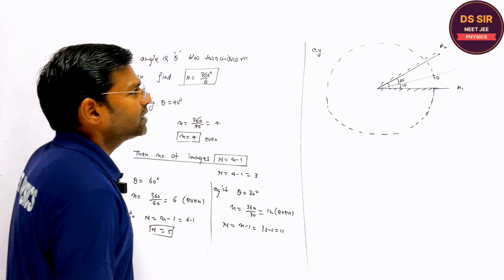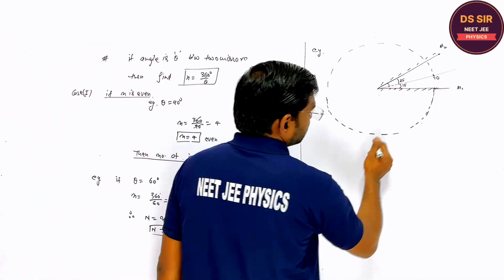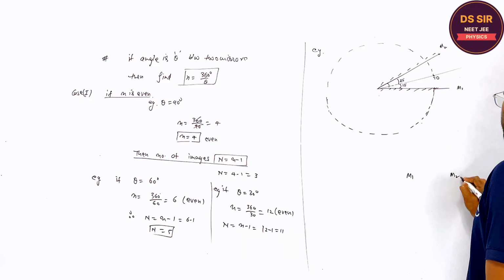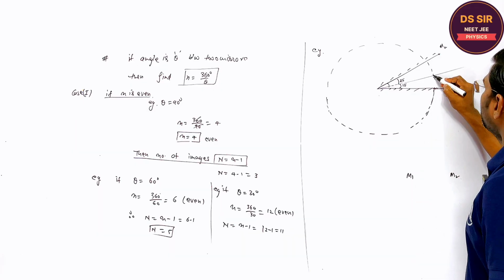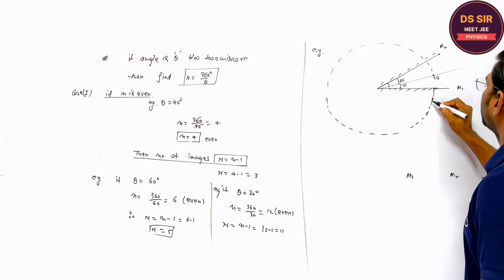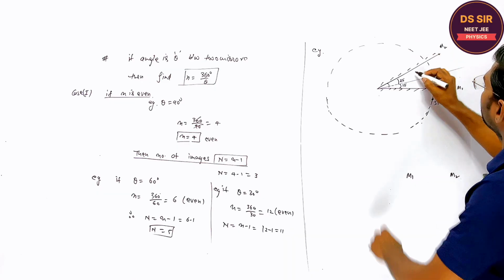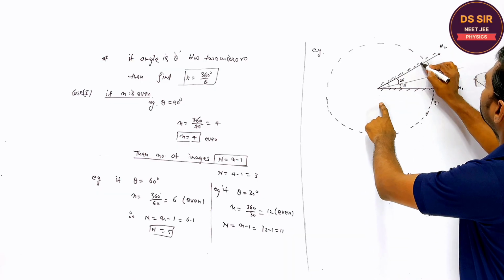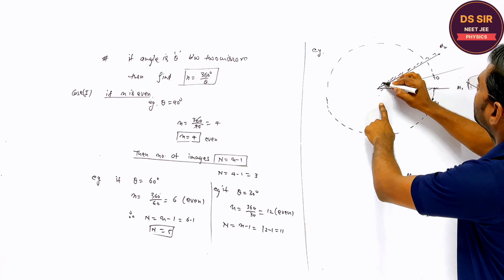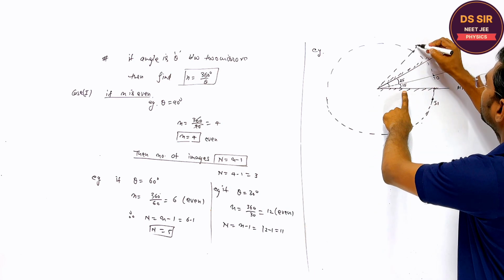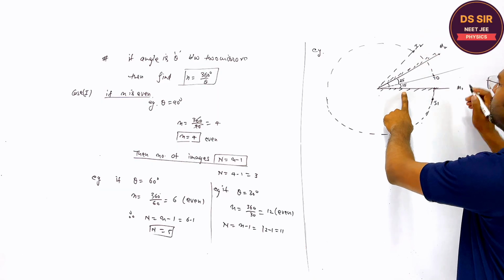And how are the images formed, you tell? If this is 10 degree, this is M1, this is M2. The first image I1 is obtained over here, and the second image is obtained by this mirror. If this is 10 degree, then it is 20 degree. This is the image I2.